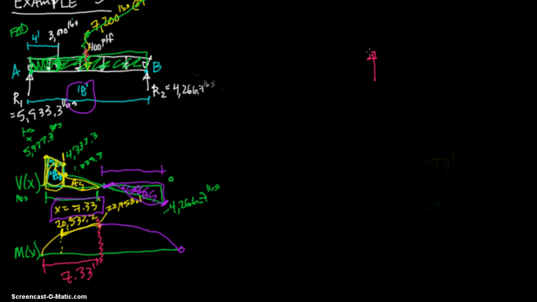There we go. And that's going to be what? What's 18 minus 7.33? It's 10.67. 4,266.7 pounds. And then we have the distributed load.